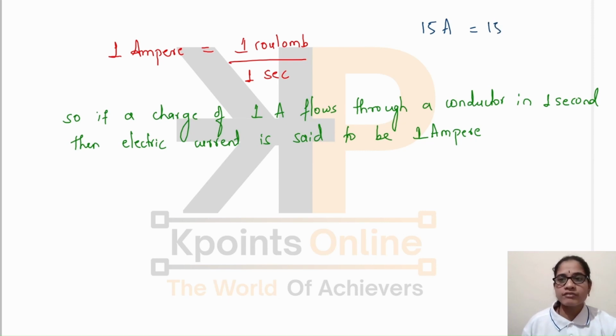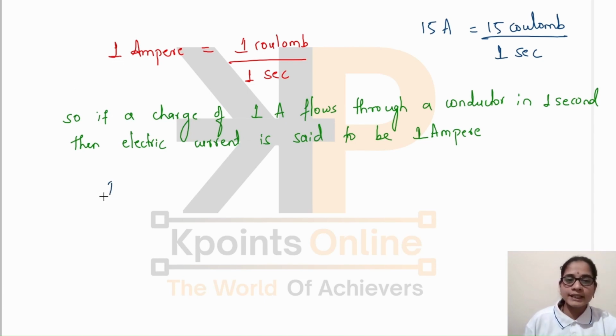It means 15 coulomb of charge is flowing in 1 second. If I say 30 ampere, then 30 coulomb of charge is flowing through the conductor in 1 second. This is how we will define 1 ampere.